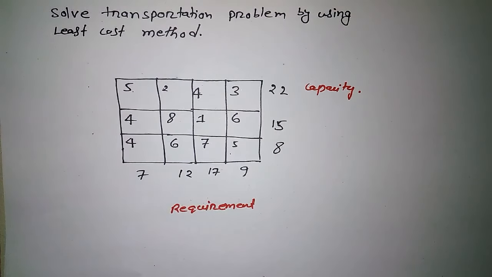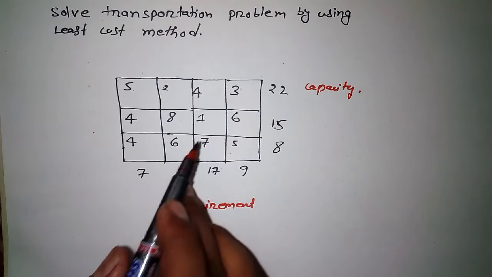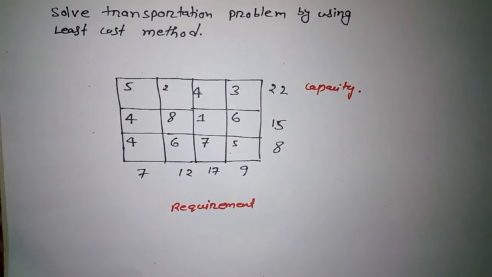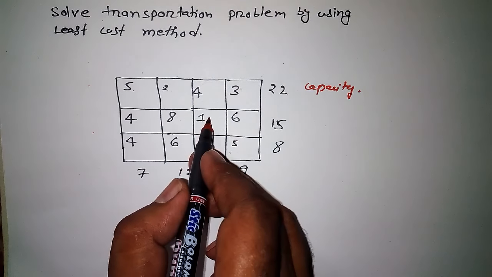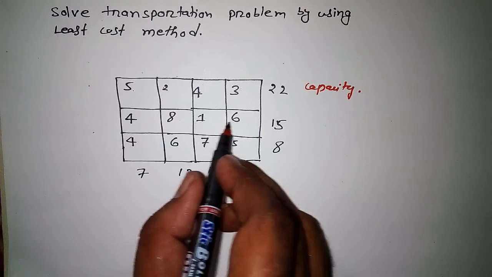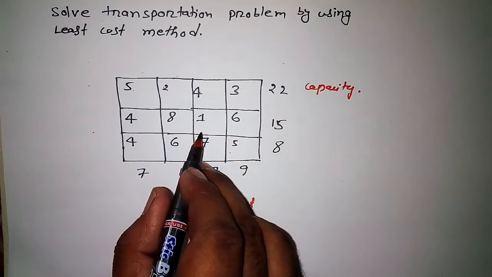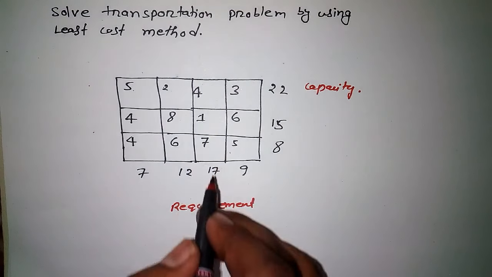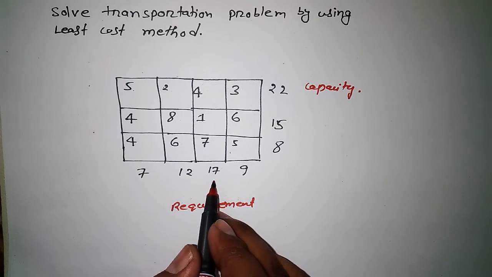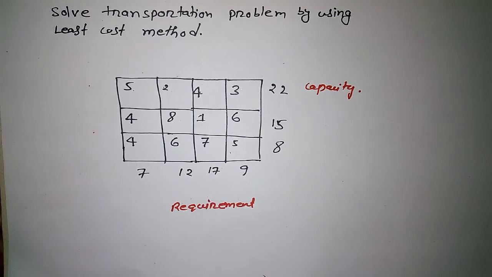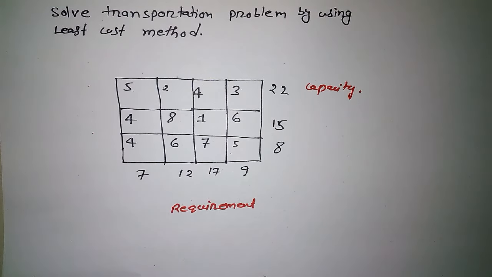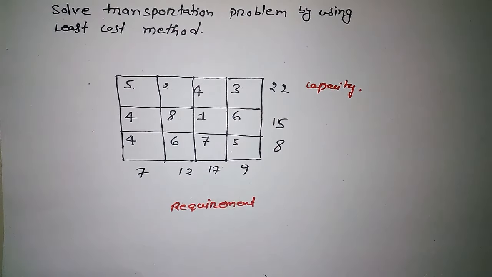As we can see, the least value is 1. Now we need to see below and in front of this one. Below we are having 17. What is the meaning of this 17? This 17 is demand or requirement, and this 15 is capacity.